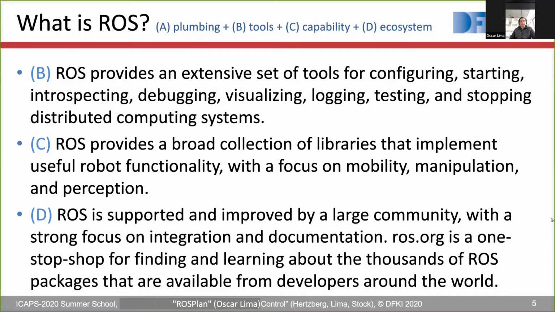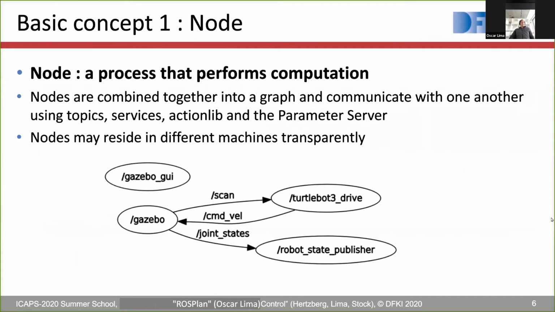So if you have questions on how to do something particular, you can go there and benefit from this community-supported wiki. And of course, if someone has an issue or something does not work, some repositories are also maintained by the community. So this is what ROS is.